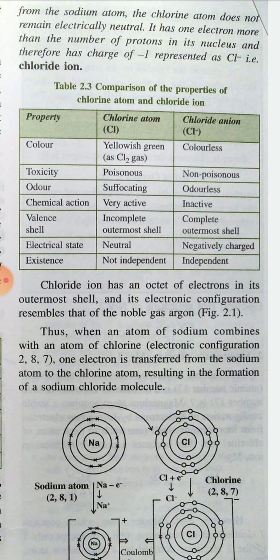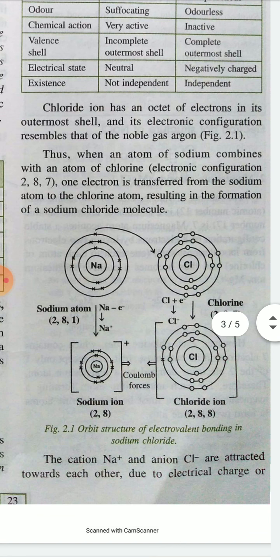Now let's see the orbital diagram, the orbital structure of NaCl, the formation of the electrovalent bond. The sodium atom has one extra electron in its valence shell, electronic configuration 2,8,1, and the chlorine atom has electronic configuration 2,8,7. So the sodium atom easily loses one electron, and the chlorine atom easily accepts one electron from sodium.